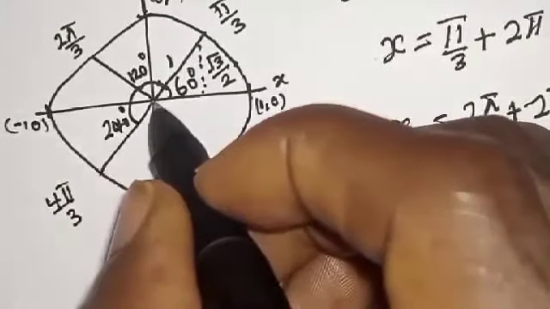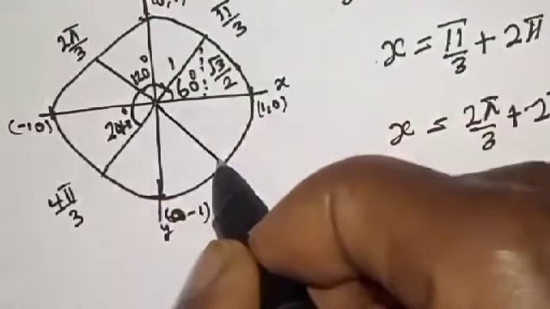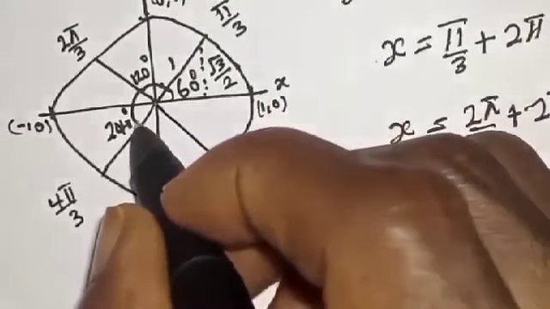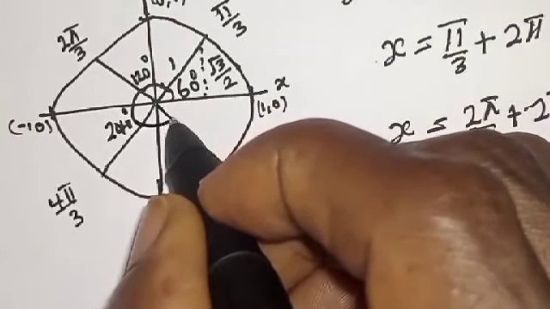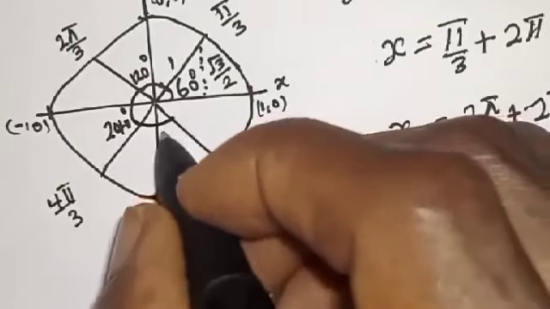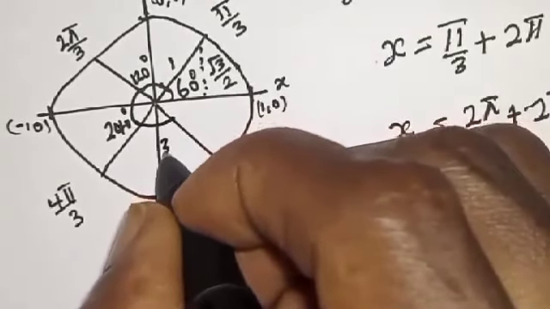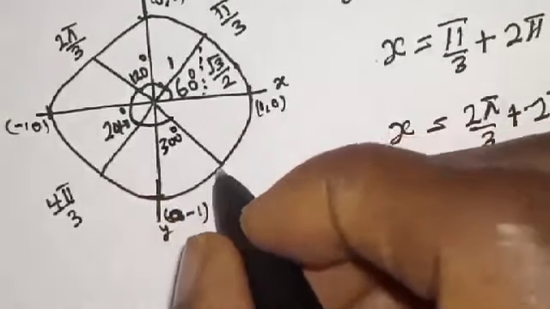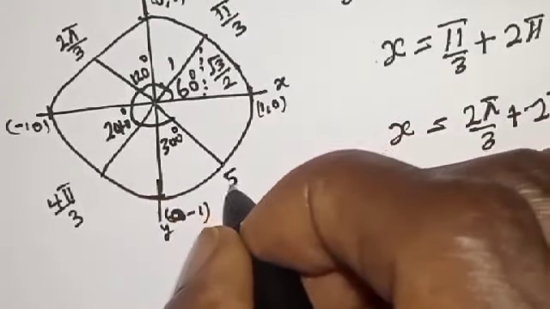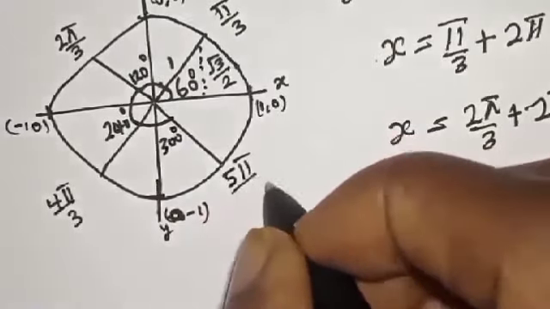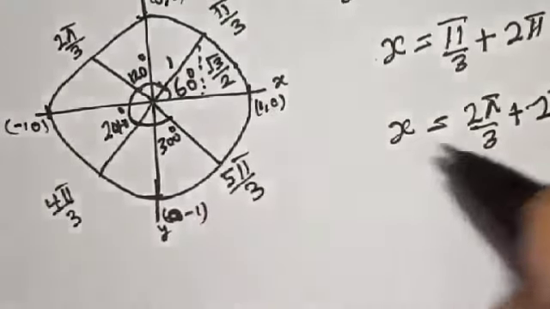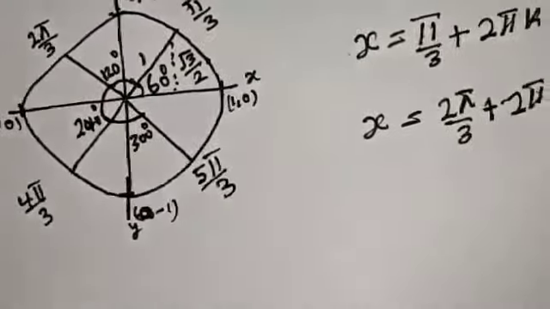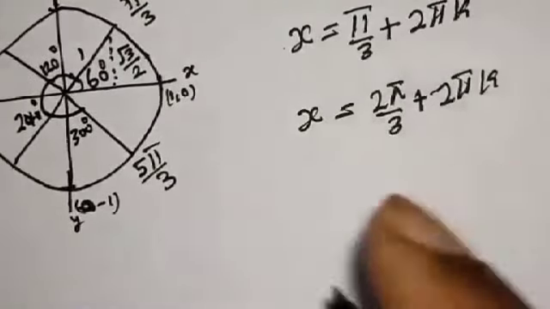And also, let's draw another one here. Then from here, this is 360 minus 60. And here is 300 degree. Then here is 5 pi over 3.